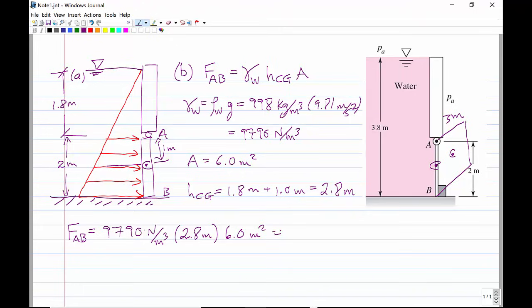You can see we have newtons per meter cubed, and we have meters cubed on the top, so that's going to give the force 164,500 newtons, or 164.5 kilonewtons. So that's the answer to part A, and of course it acts to the right. We can see that from the pressure distribution.